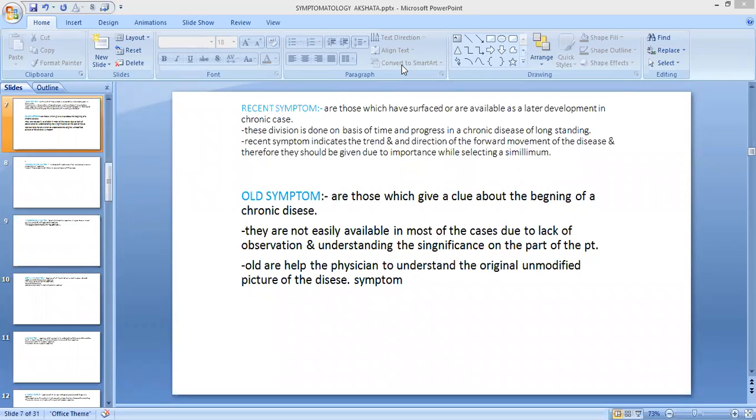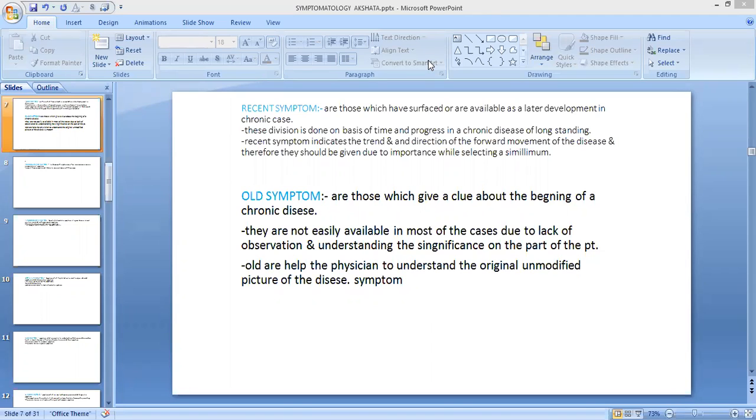Therefore, they should be given due importance while selecting a simillimum. As these recent symptoms show the trend as well as the direction of the movement of the disease, they help us in selecting a simillimum, and so they are given importance while taking the case.